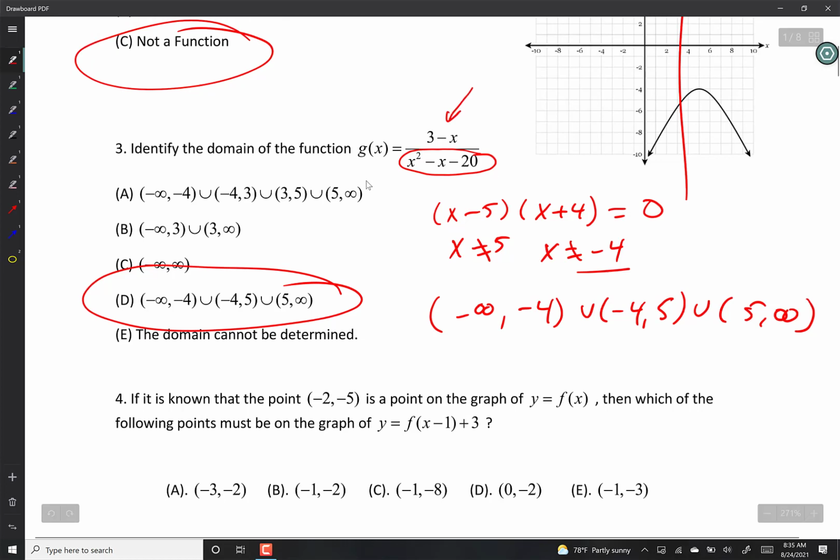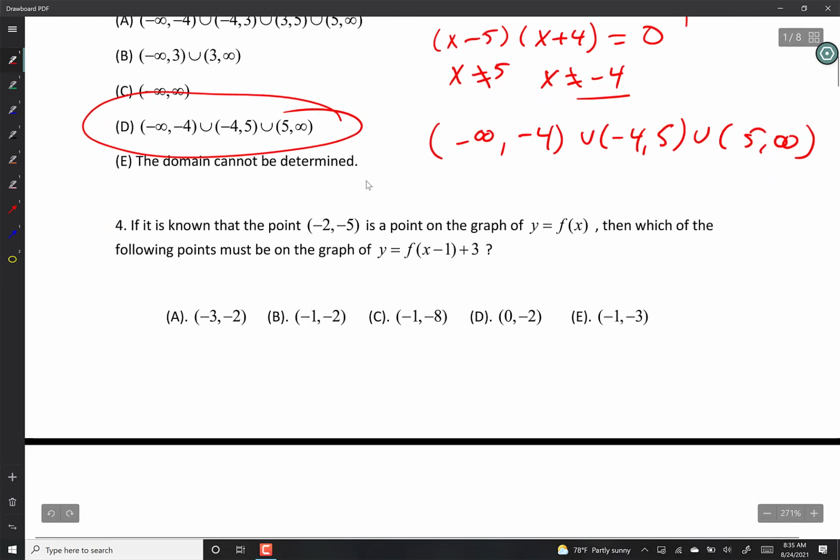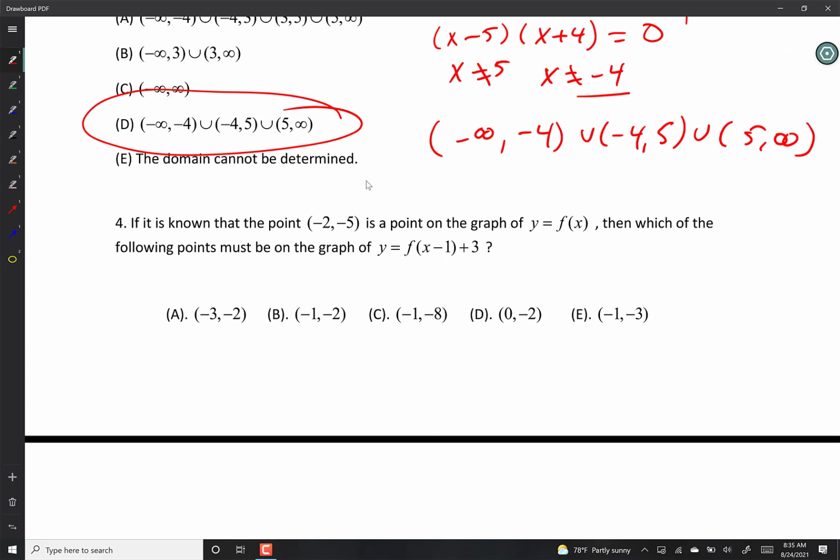Okay. On number 4, it says it is known that the point negative 2, negative 5 is a point on the graph of y equals f of x. Then which of the following points must be on the graph of, and they give you this function here. So the inside, f of x minus 1, what does the x minus 1 do?